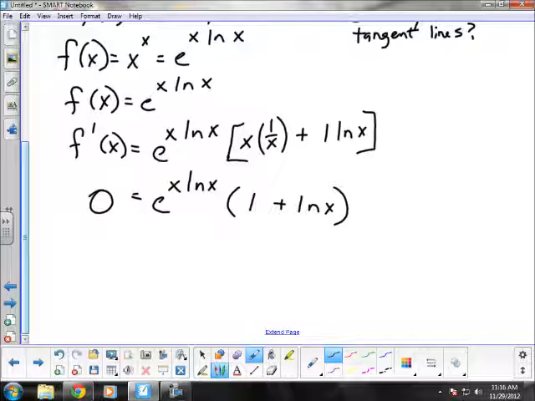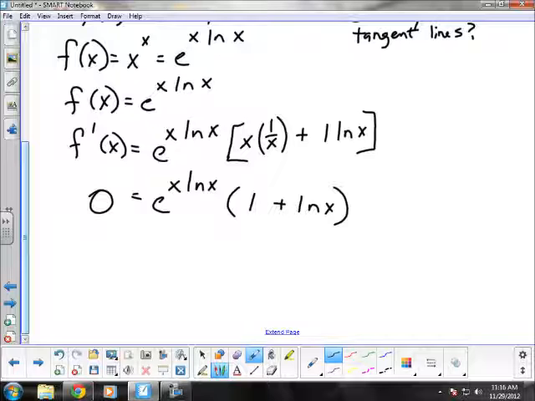How do I go about solving this? No. This is multiplied by this. No, I don't want to distribute. It's in factored form right now. When I have something in factored form, how can I solve it?